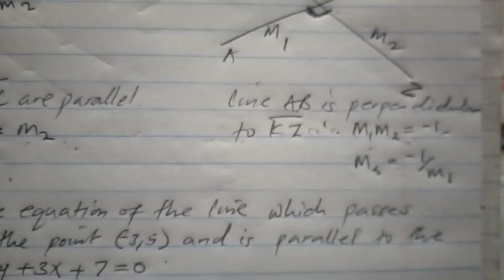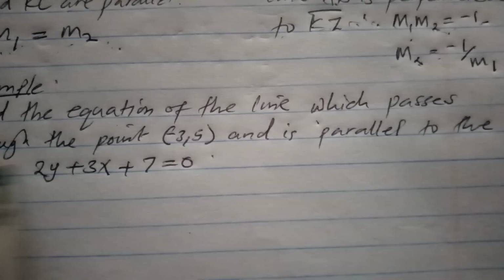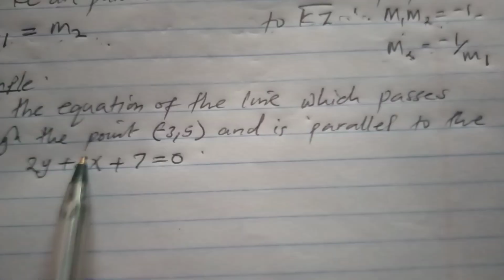So we have a question here which says: find the equation of a line which passes through the point (-3, 5) and is parallel to the line given.